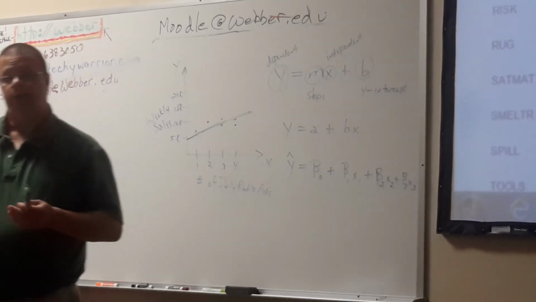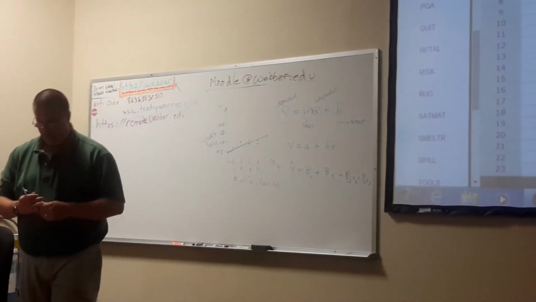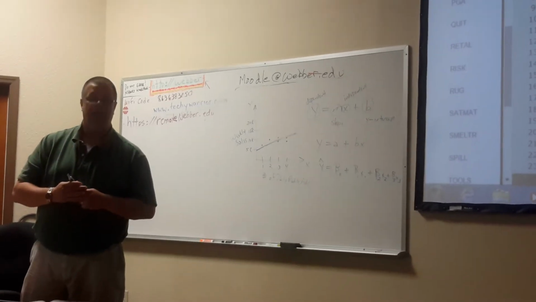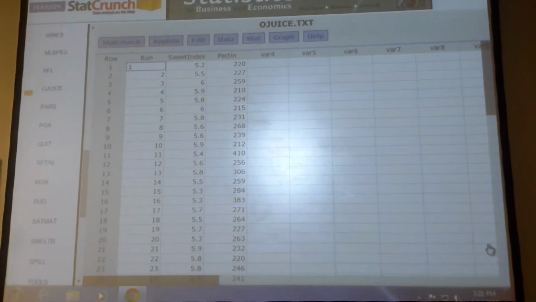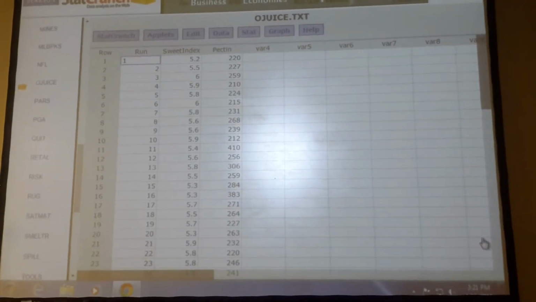To do this, I'm going to utilize the OJuice data file, which corresponds with problem 11.22, beginning on page 616, and we'll take a look at StatCrunch and see how we can utilize StatCrunch to perform a regression analysis.